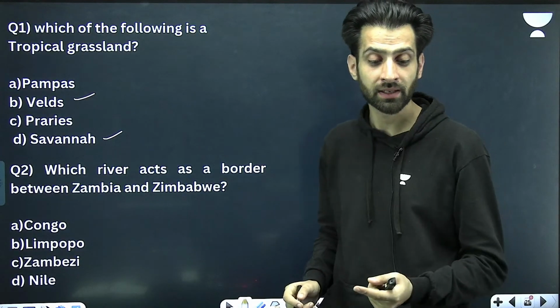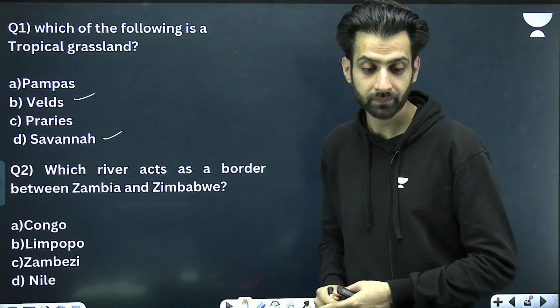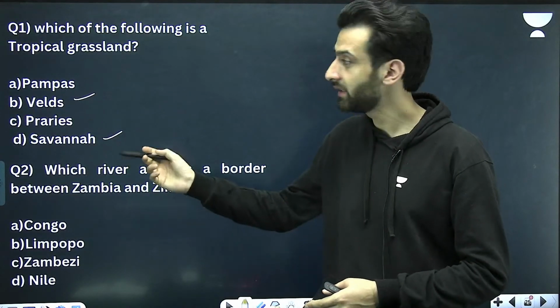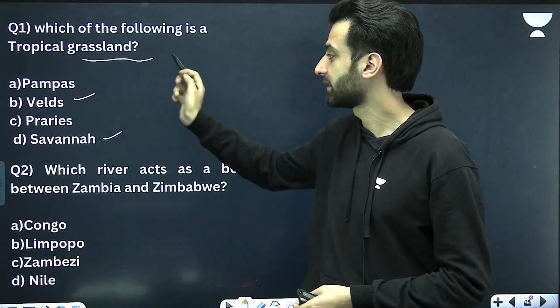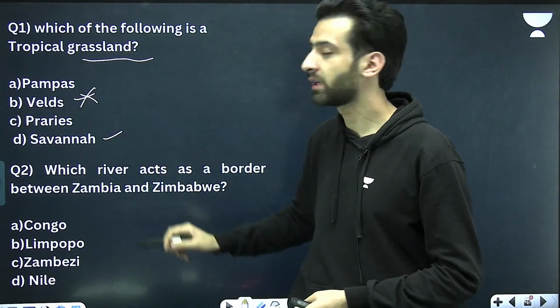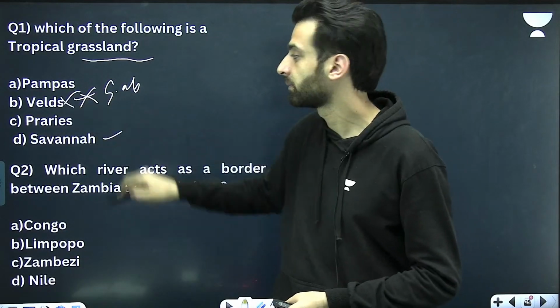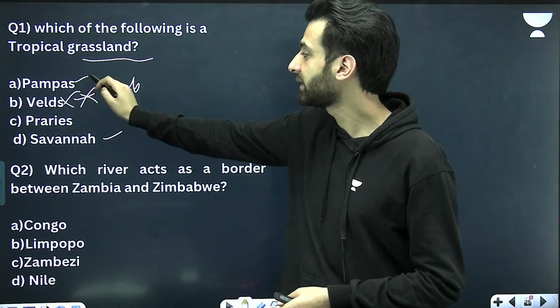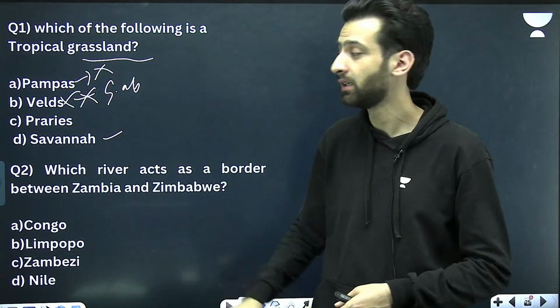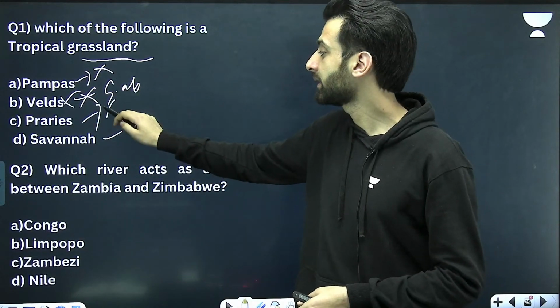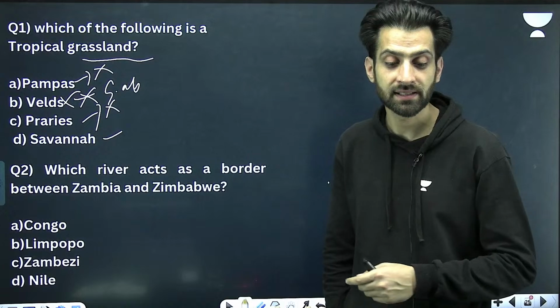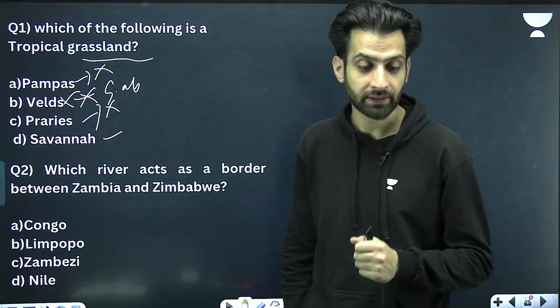If the answer is only one, you can choose easily which one is the tropical grassland. Veld is not. It is located in South Africa. So this answer goes. Then pampas is located in Argentina. It's not also the answer. Prairies in North America is not again the answer. The answer is savanna. Nishita, you are right.